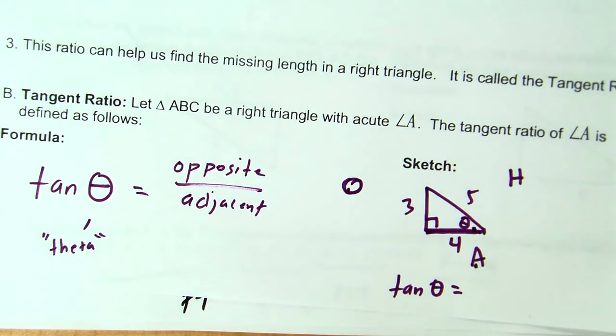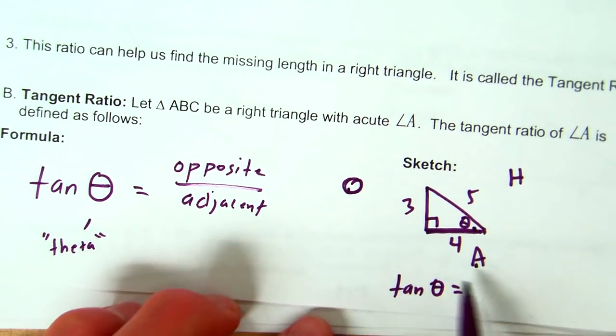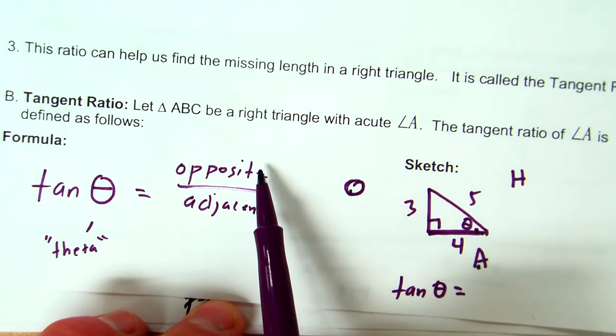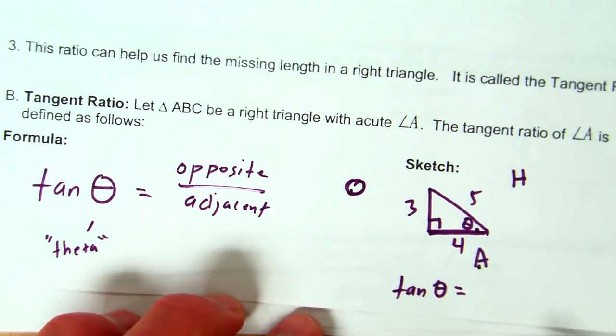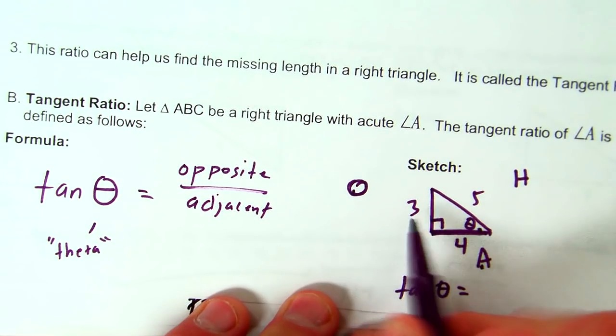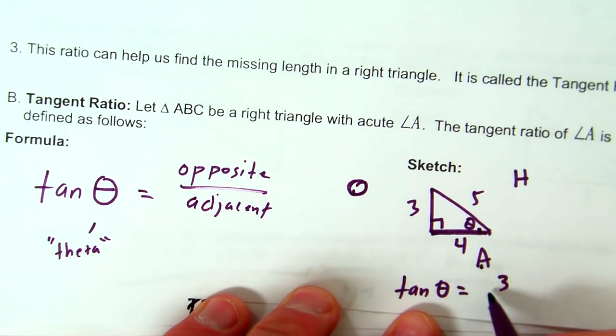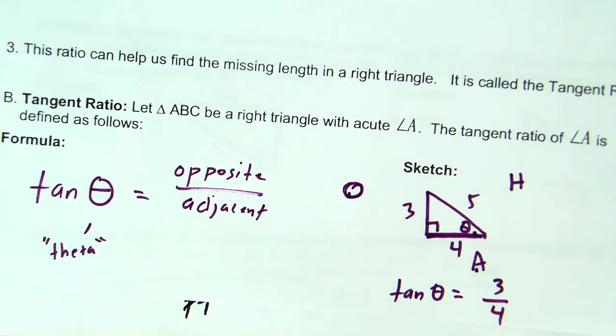The tangent ratio says that the tangent of this angle is whatever the opposite side is over whatever the adjacent side is. The opposite side is 3, and the adjacent side is 4. So the tangent of this angle is just 3 over 4.